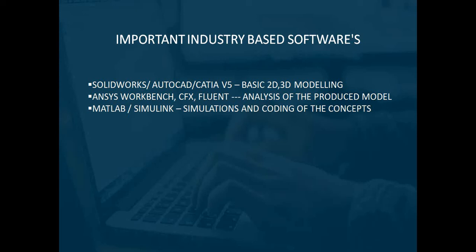Next comes the ANSYS Workbench, CFX and Fluent. Whenever we are preparing a small model, let us say one pencil, after you have modeled it you need to test how it works before you go for production. In systematic engineering, we need to model a product and test it before it goes to production. In ANSYS Workbench, this is possible.